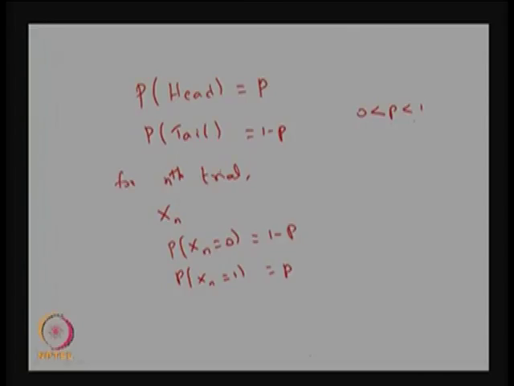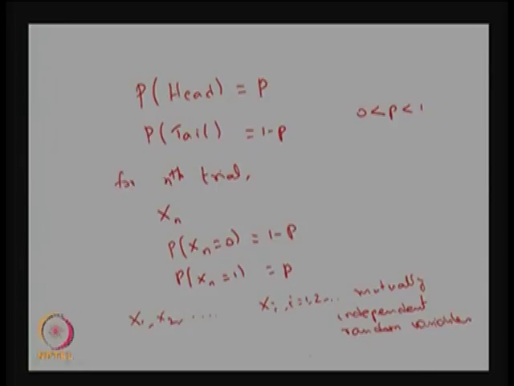Thus you have a sequence of random variables X1, X2 and so on, and this will form a stochastic process, and assume that all the Xi's are mutually independent random variables.